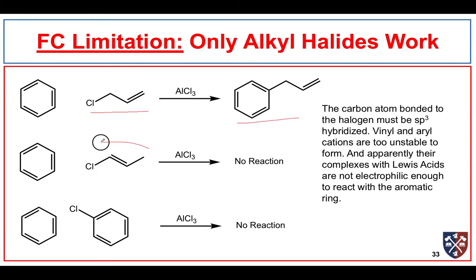If we tried to put a vinyl group on there, however, the reaction does not occur, and we also can't use aryl halides as substrates for these reactions. Because the cations would just be too unstable, and apparently even the complexes that would be formed with these, they would still form a Lewis acid-base complex with the Lewis acid. They would not be electrophilic enough to react with the aromatic ring.